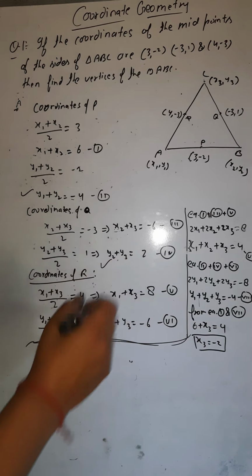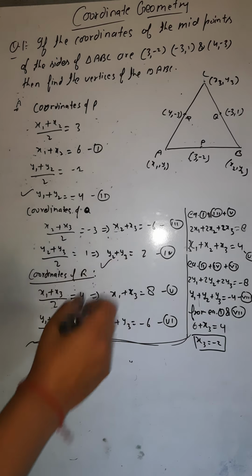Are you getting this? I have the value of x1 as well as the value of x3 now. First I took equation number 1 and 7, then 3 and 7. Now I would take equation number 5 and 7. Equation 5 says that the sum of x1 plus x3 is 8.